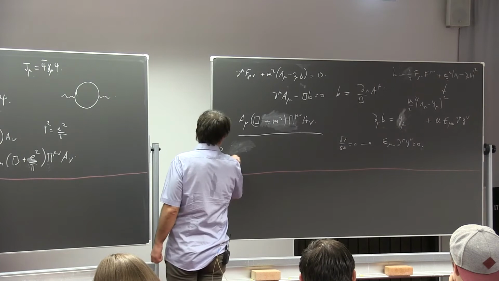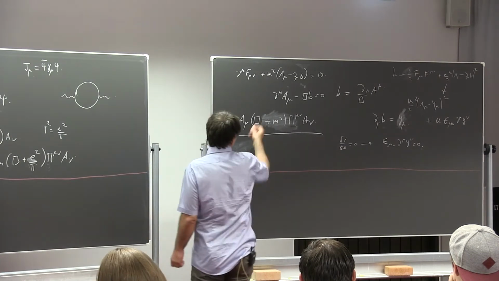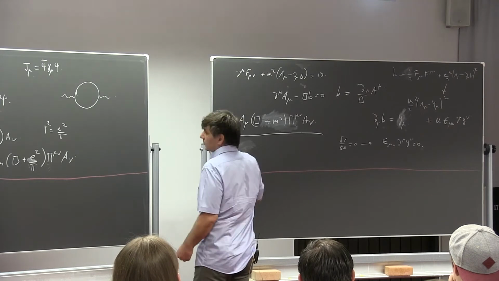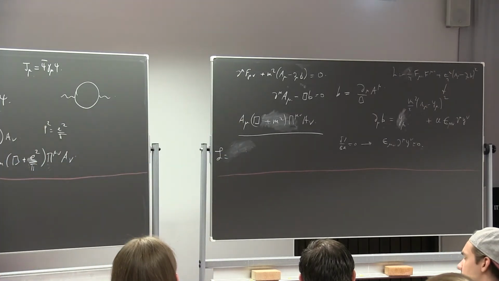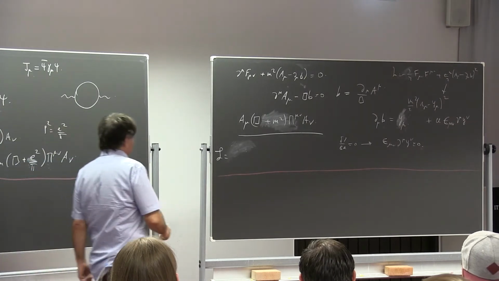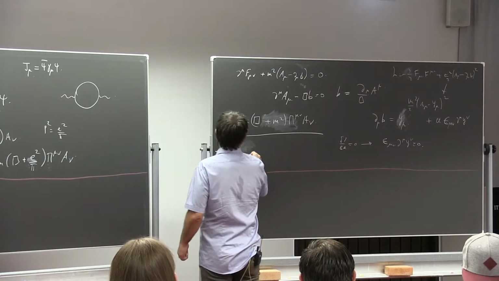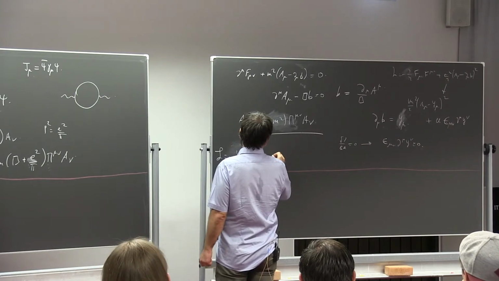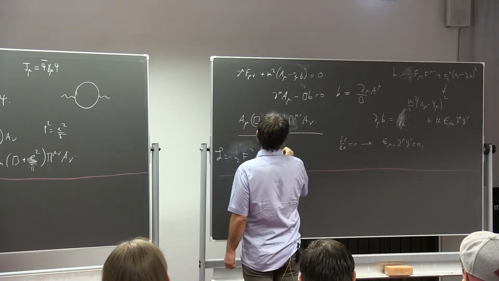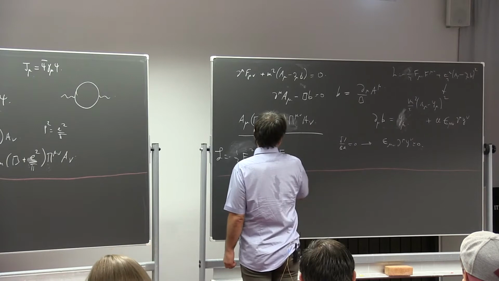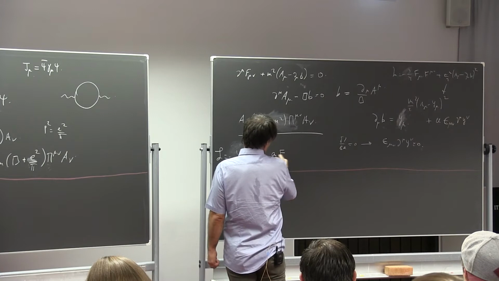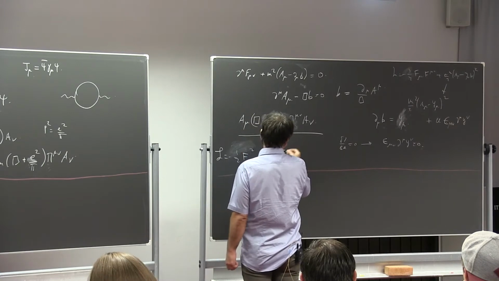So we get a theory in which, if I switch to these notations of f, we have something like f square, then plus a of f, a times a divided by f. A will not have canonical dimensionality. If we need canonical dimensionality, we have to divide it by something.